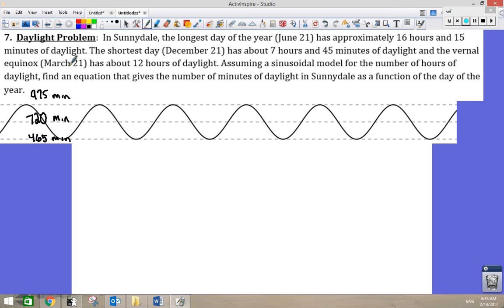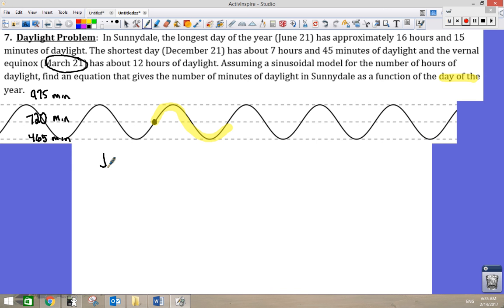Or we could start with March 21st. If this is March 21st, then we can do that, as a function of the day of the year.